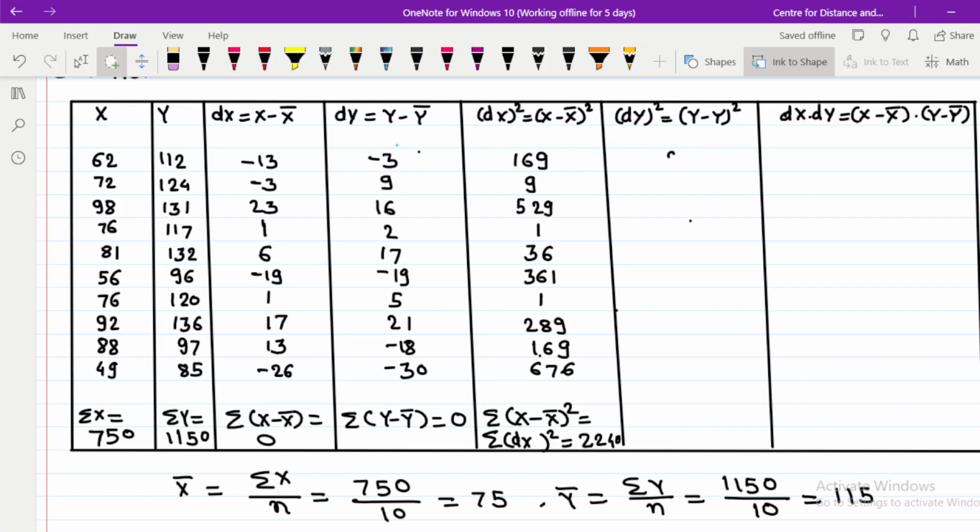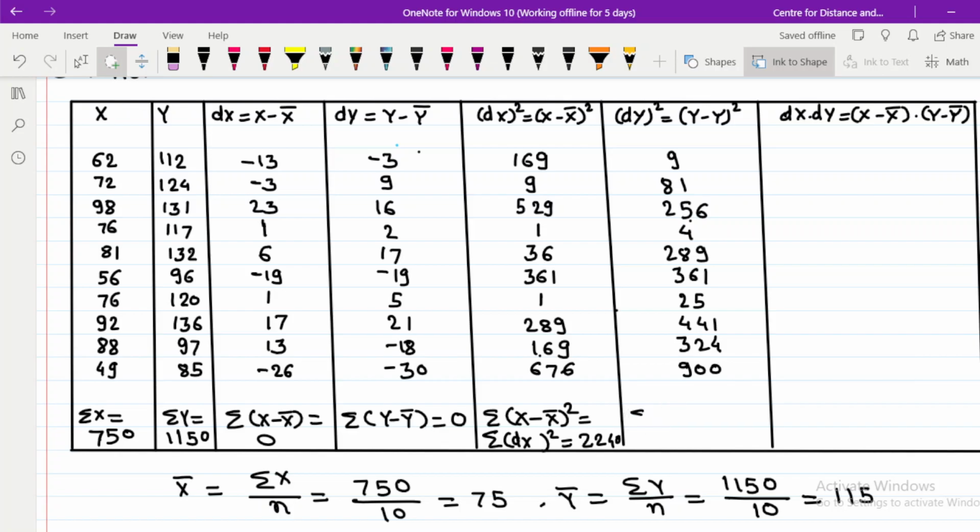Then in the same way calculate dy square, that is y minus y bar bracket square, that is minus 3 square is 9, 9 square is 81, 16 square is 256, 2 square is 4, 17 square is 289, then minus 19 square is plus 361, 5 square is 25, 21 square is 441, minus 18 square is 324 and the value of minus 30 square is 900.